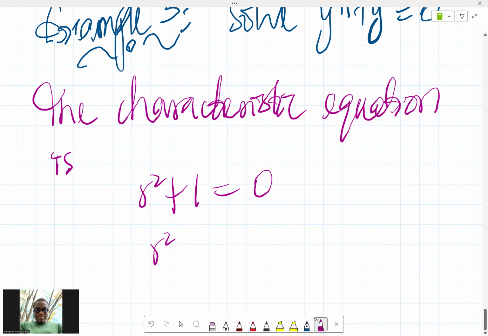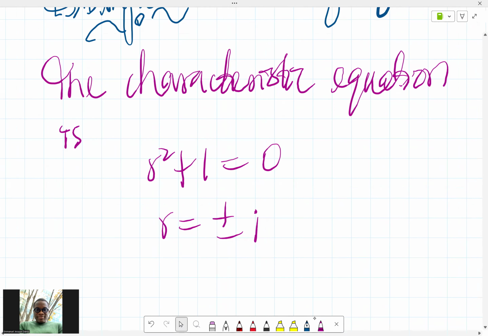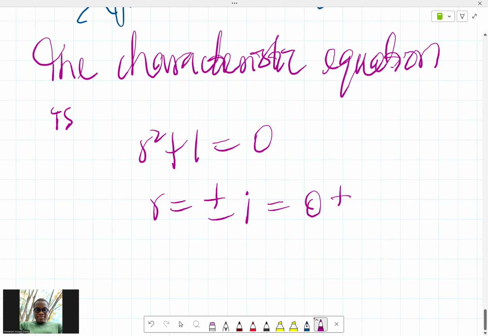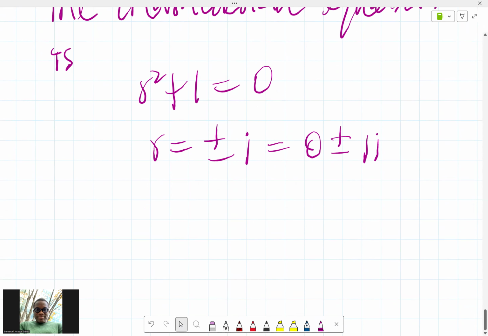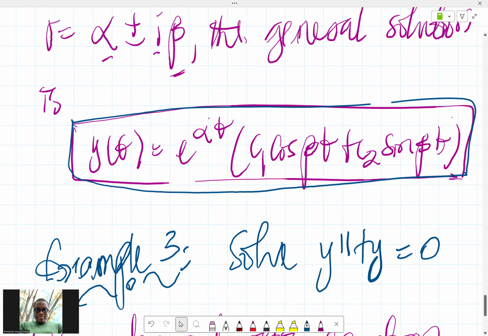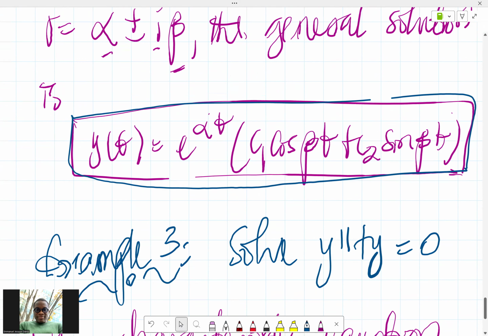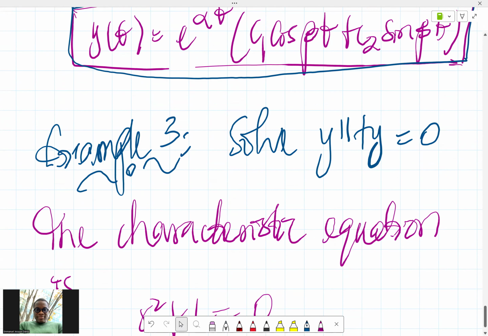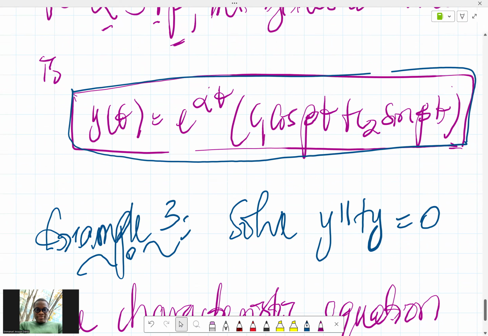So that means r squared is equal to minus 1, r alone rather is equal to plus or minus i. So that's like 0 plus or minus 1i. Okay, for better understanding. So normally this 0 now is like your alpha. We should now have e raised power 0t, and e raised power 0 is 1, so we don't have to worry about that. So we are only bothered about the inside where beta is now 1.